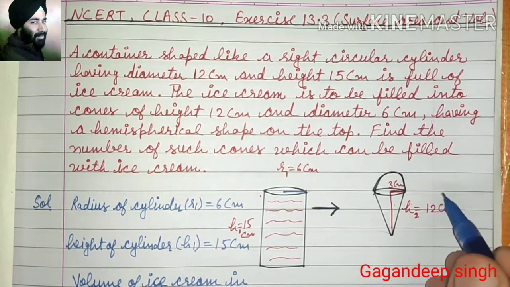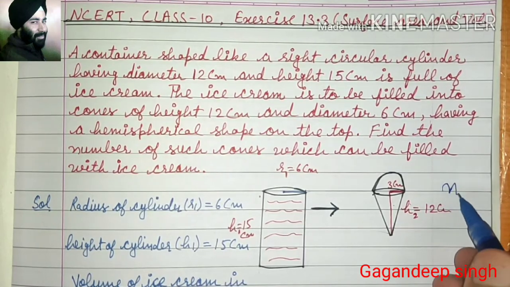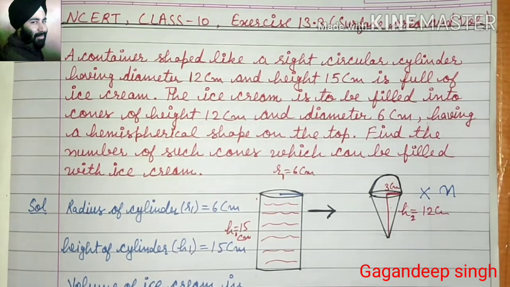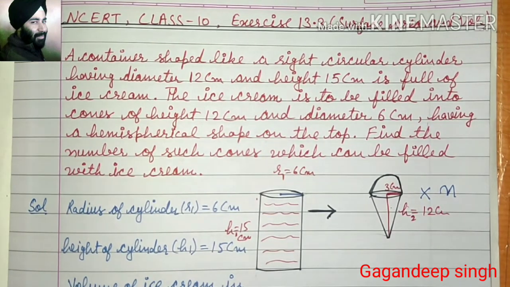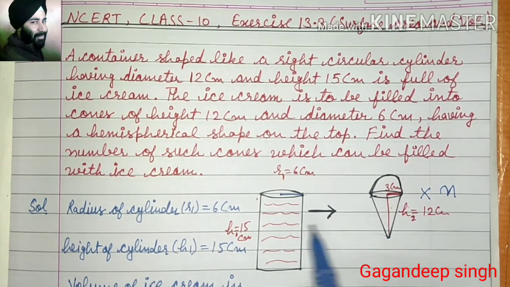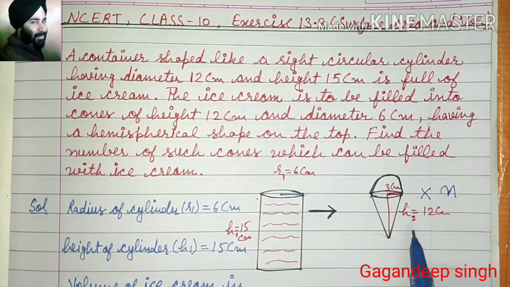So let us suppose n cones can be filled with ice cream. So it is a case of conversion of solid from one shape to another. Ice cream is to be filled into the cones, so both sides volume should be the same.